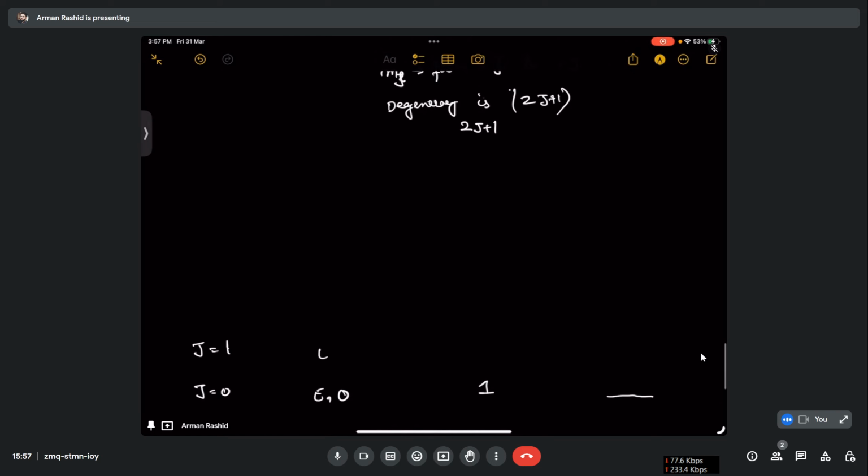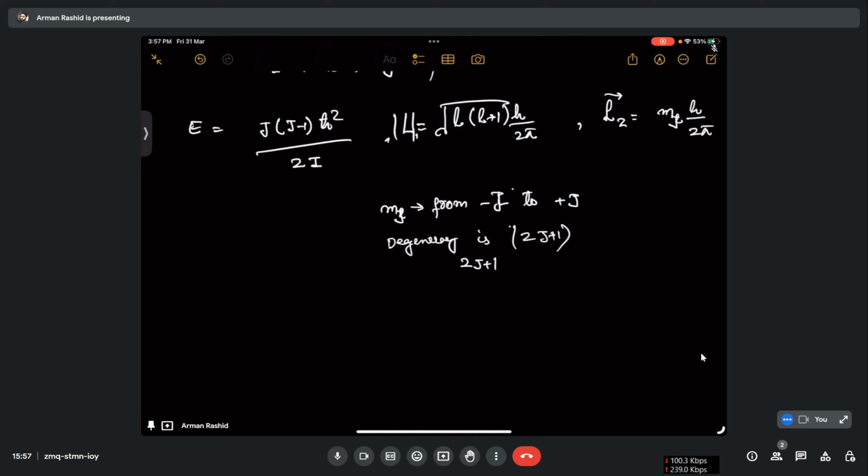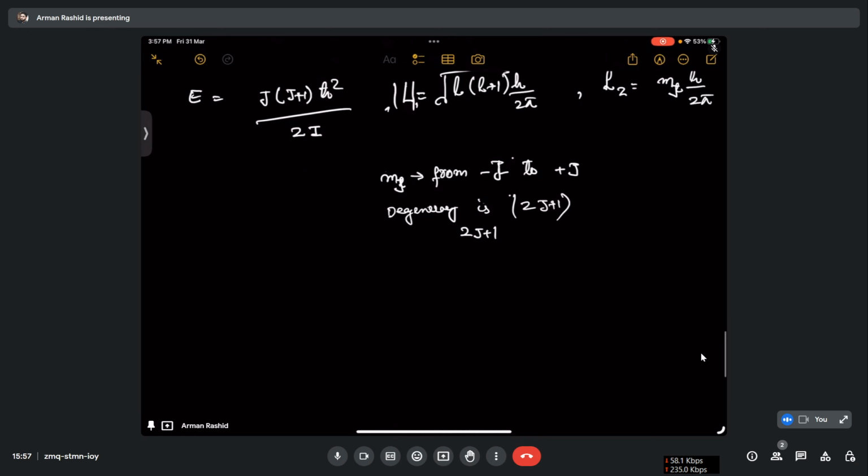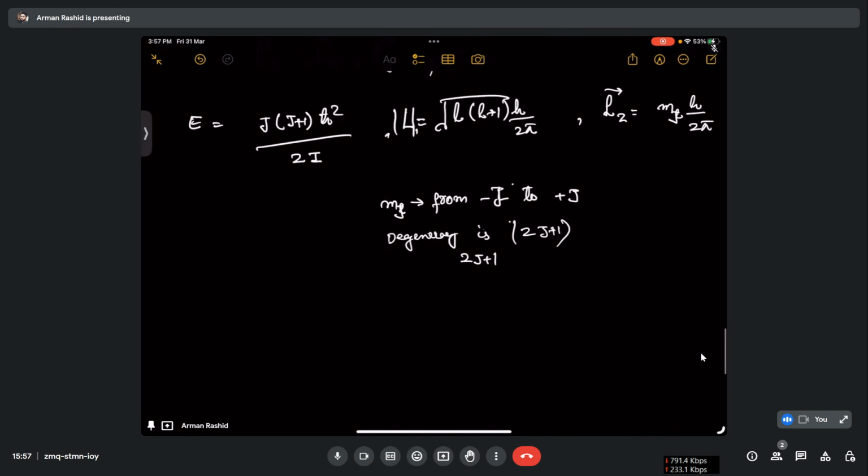The energy will be given by J(J+1), so it will be 1 times 2, so 2ħ squared by 2I. Also, we can write E equal to B J(J+1), where B is called the rotational constant, and the B value is ħ squared by 2I.